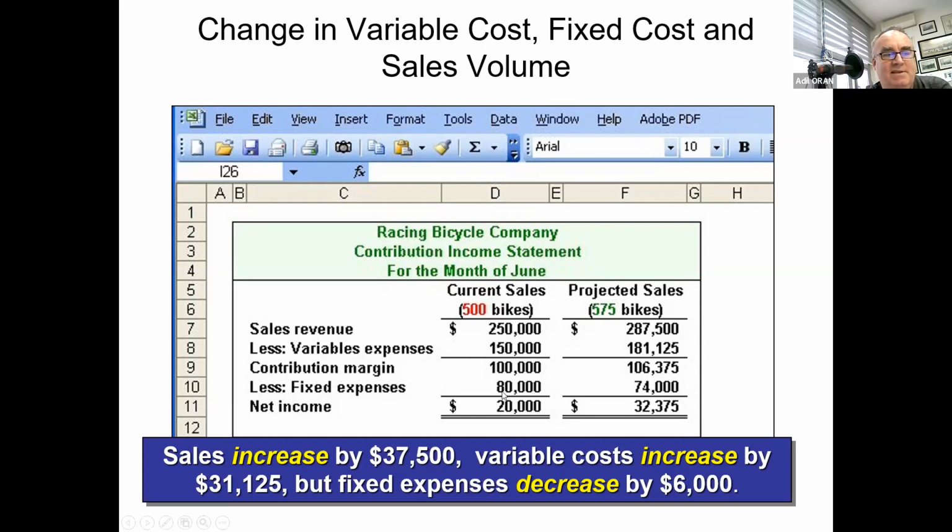And fixed expenses had gone from 80 down to 74. So the total effect on net operating income is actually to increase net income by over 12,000. Part of this comes from the higher sales and as a result, higher contribution margin. But the rest of it comes from less expenses. So that's where we are.